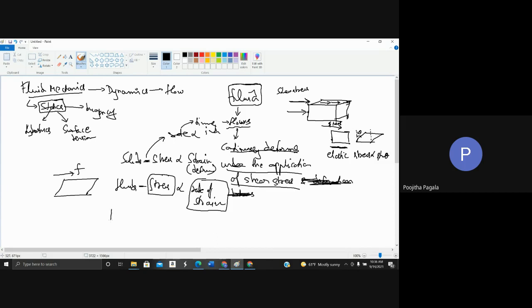So for example, if you have a solid and you are applying a stress tau, and this is at time t is equal to 0. After some time, you'll notice that the solid has slightly deformed at t is equal to 1.